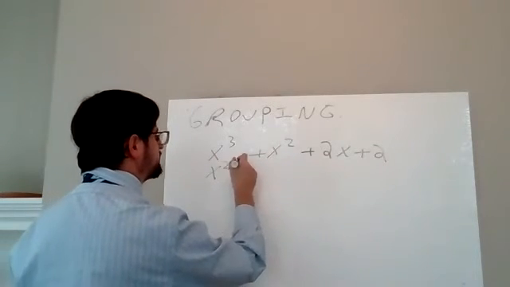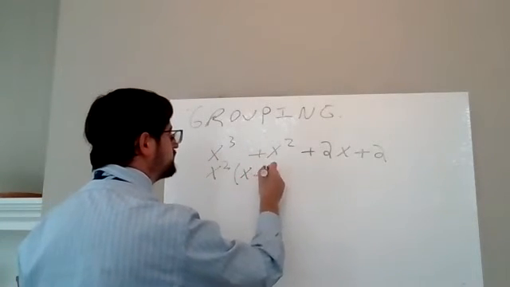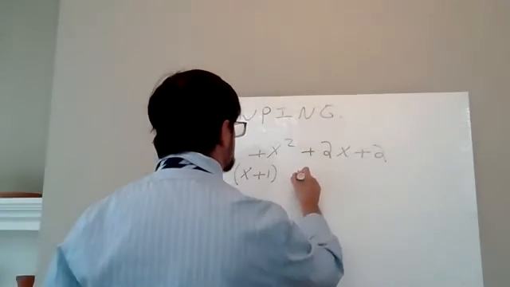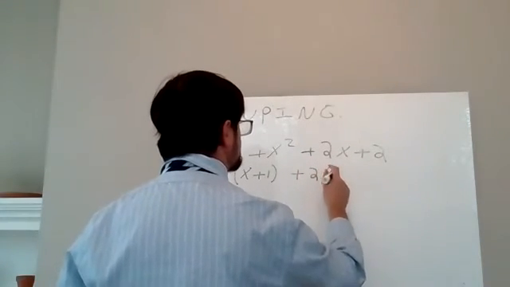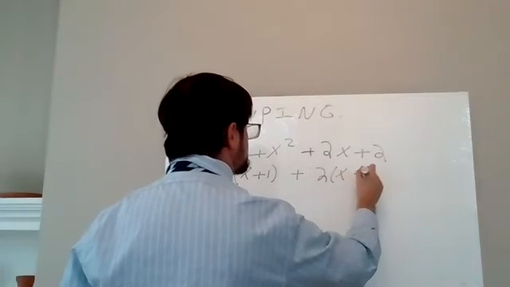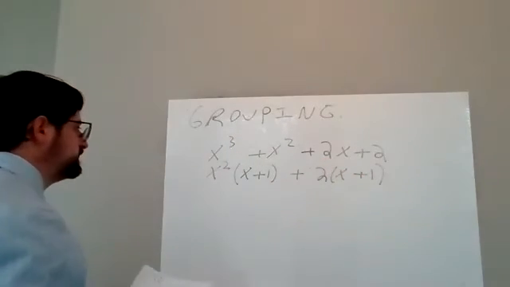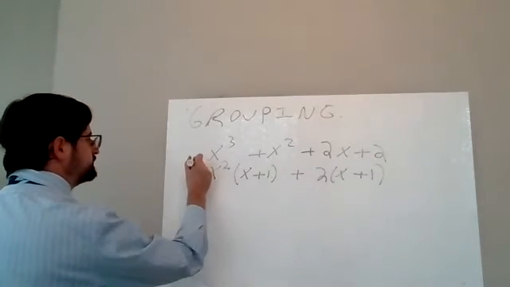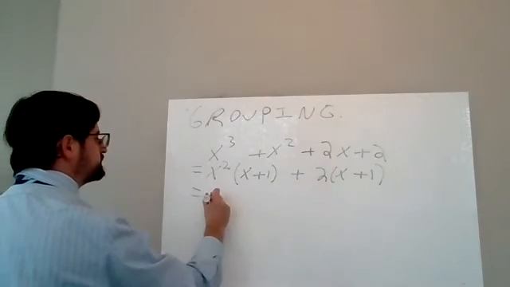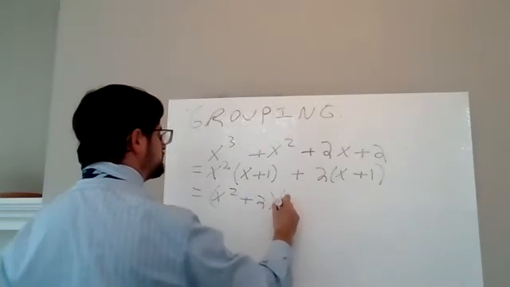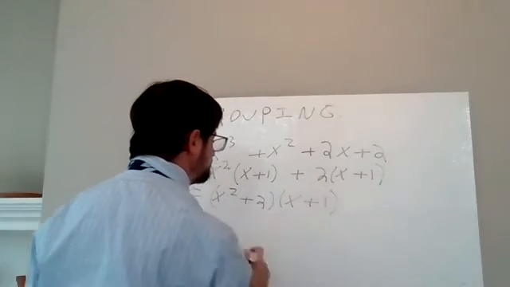That's x squared times (x plus 1). And now I can pull a 2 out here, and this is 2 times (x plus 1). And now I have an x plus 1 in both pieces. So we'll pull it together. So this equals (x squared plus 2) times (x plus 1).